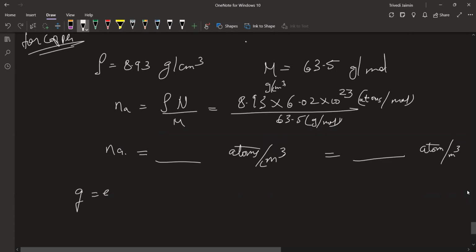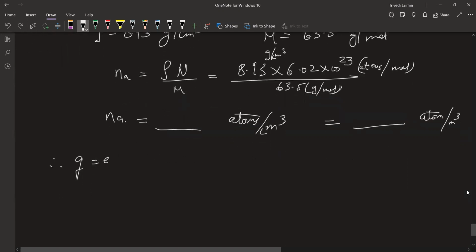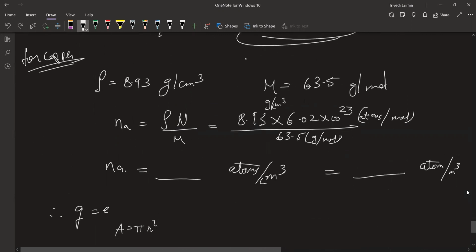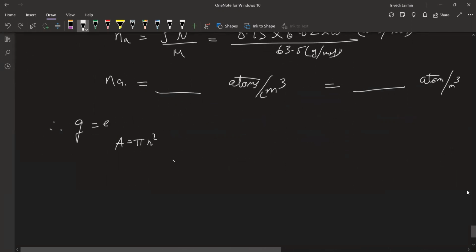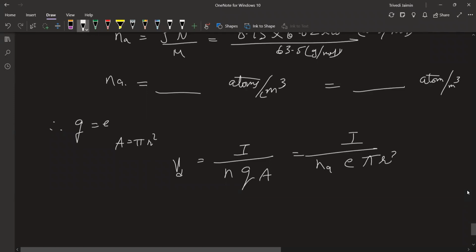Here, Q equals E. So A will be the area, pi r square. We need A also, right? What else we need? So VD equals I by NQA. It means I by NAE, where A means pi r square.